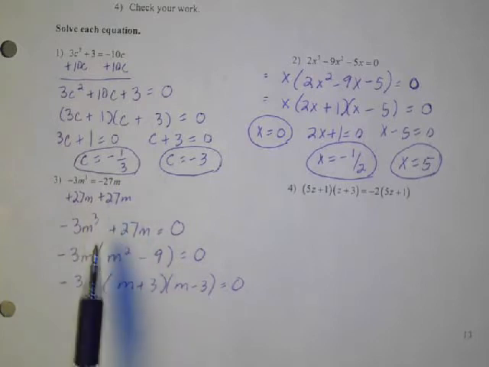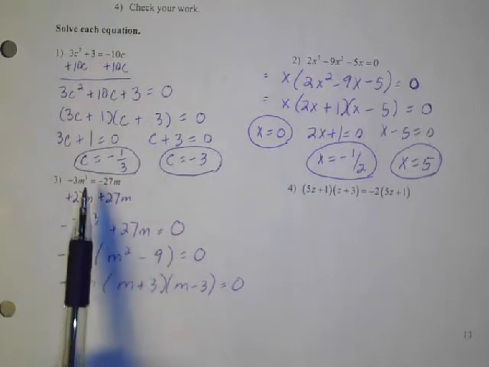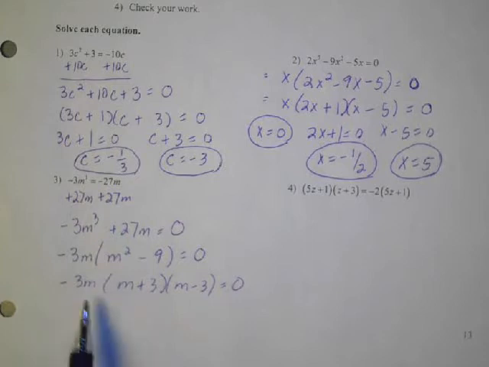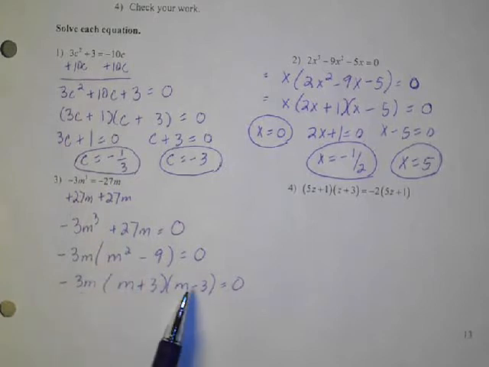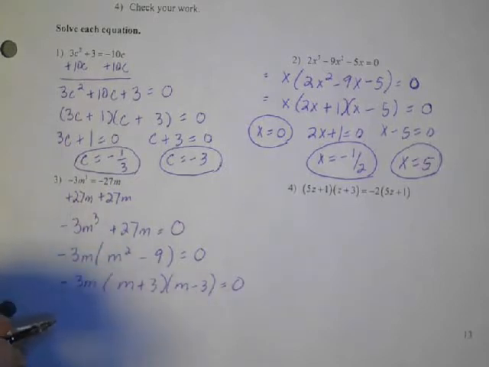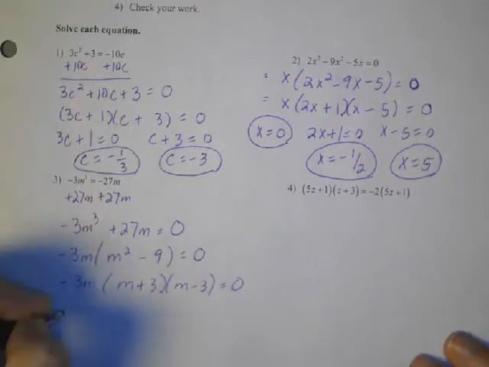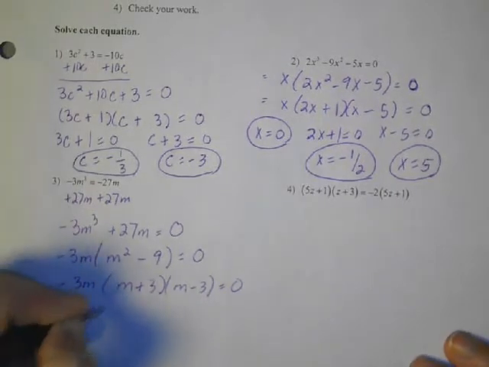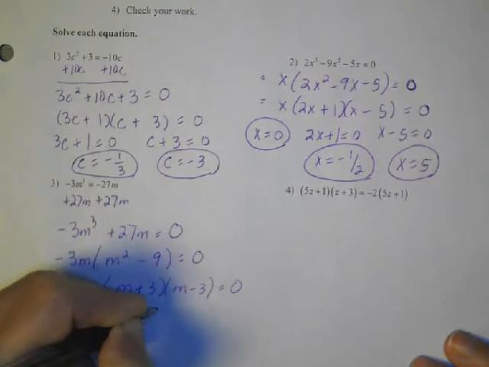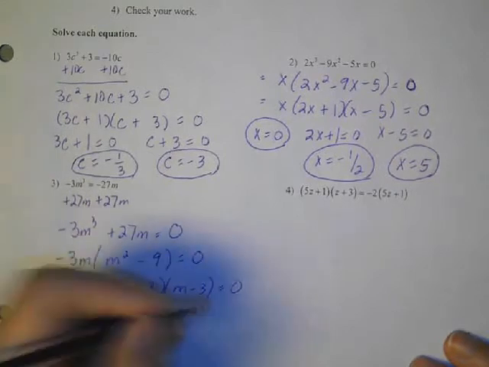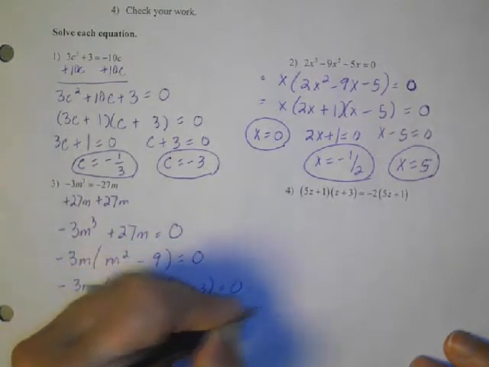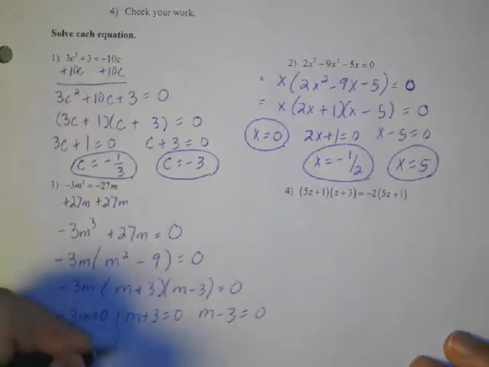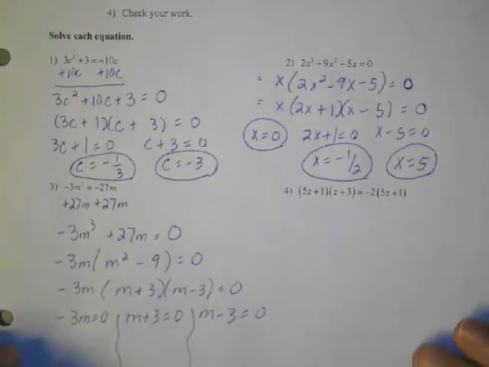I should have 3 answers when I'm done because my high power was 3. I have 3 parts to set to 0. Negative 3m is 0. M plus 3 is 0. And m minus 3 is equal to 0. I'm going to solve each one.